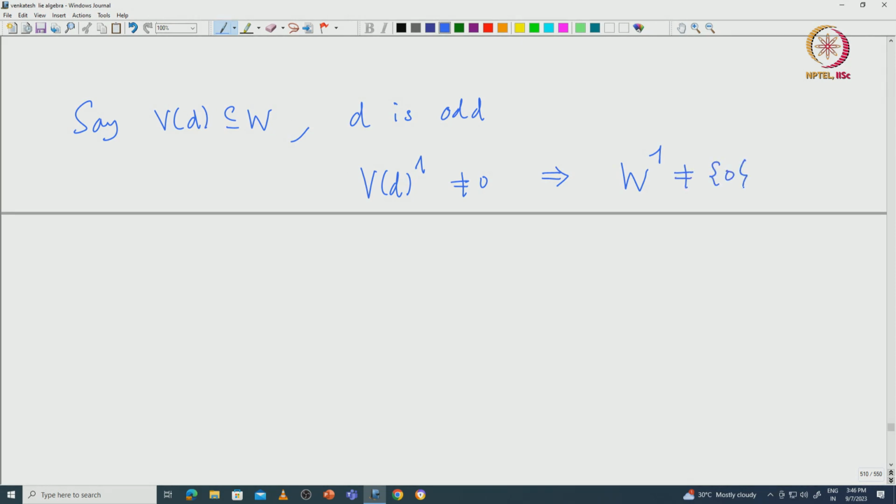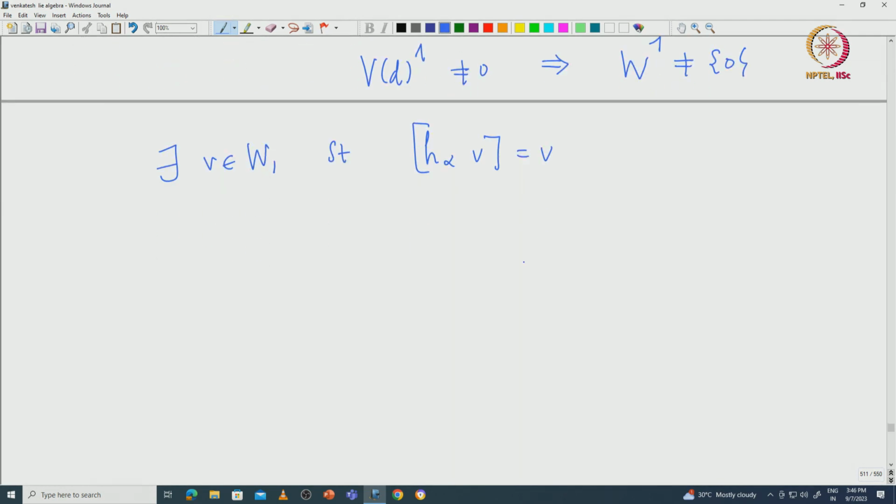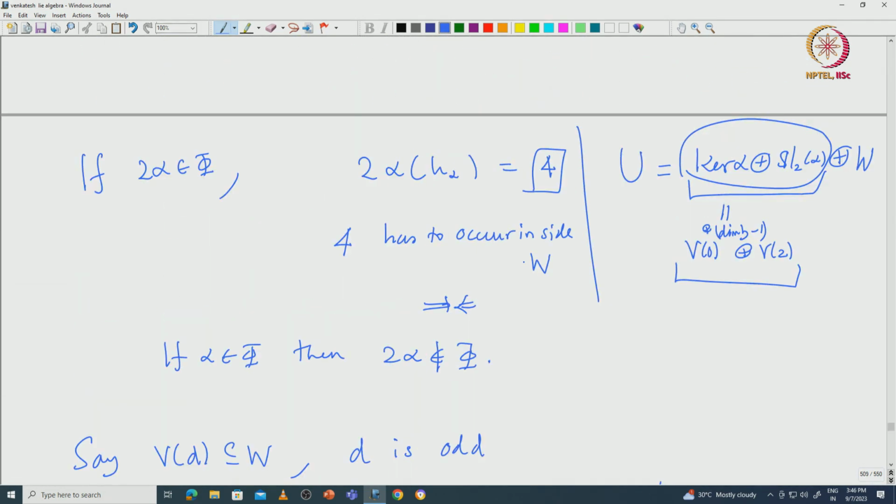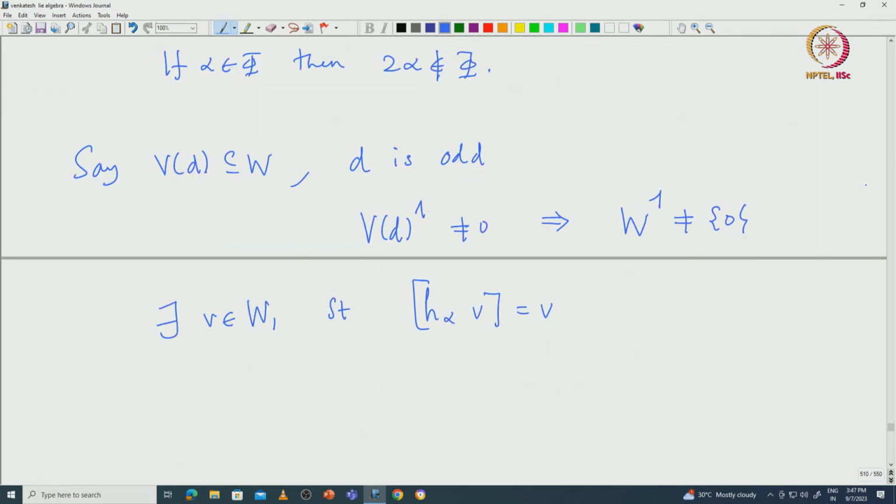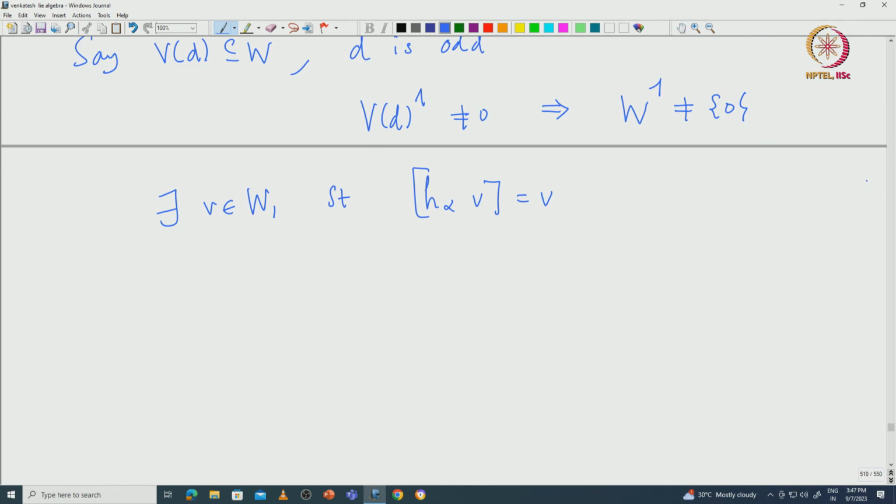In particular, you get some V in W 1 such that when you act H alpha on V, you get V. But this W is coming from the complement of this kernel alpha direct sum SL2 of alpha. So, if you write W as a direct sum of eigenspaces, those eigenspaces must correspond to this G C alpha, there are no other eigenspaces. So, this V must come from G C alpha.